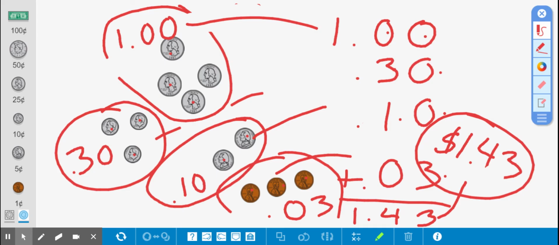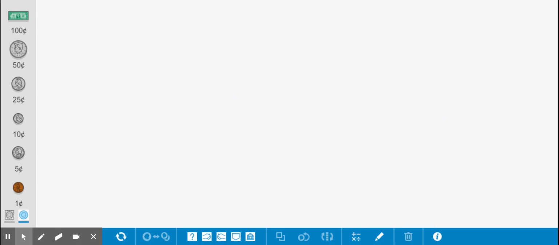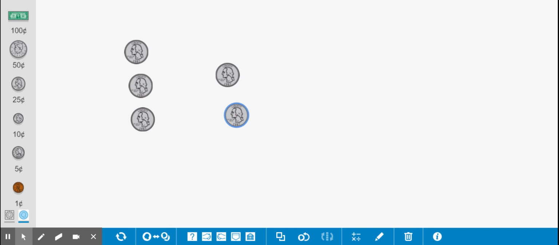So let's do this using my in my head method. Okay, let's see, 7 quarters. We'll bring out 4 dimes.